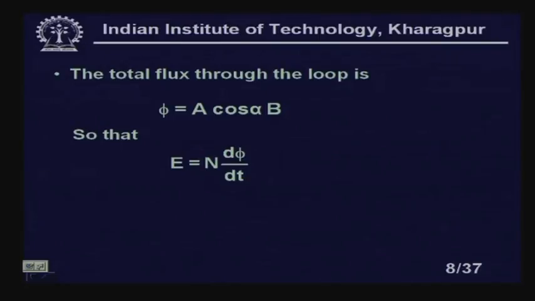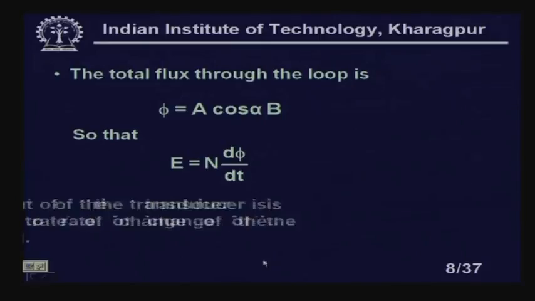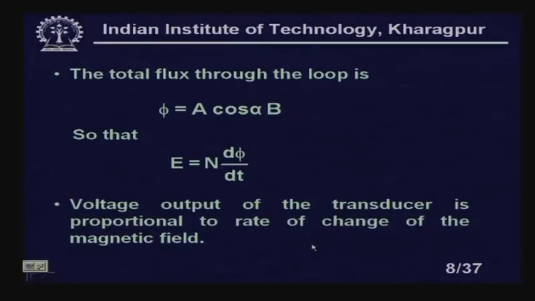That will be N multiplied by d phi by dt, with the angle cos alpha, right. So the voltage output of the transducer is proportional to the rate of change of magnetic field. As you rotate it at high speed, the rate of change of flux will be directly proportional to the output voltage.